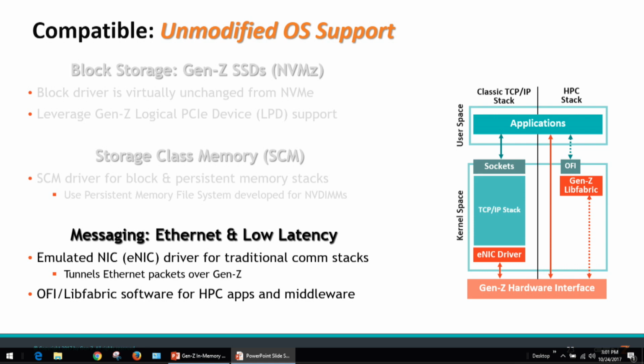And from a messaging perspective, we do an emulated NIC in software, which is just a variation on a virtual NIC, if you understand that term. You just change the memory mappings and such, and now you're messaging across a fabric. And then from a high-performance compute perspective, we also will provide a libfabric provider library, which will allow you to substitute in under MPI and other workloads completely transparent.